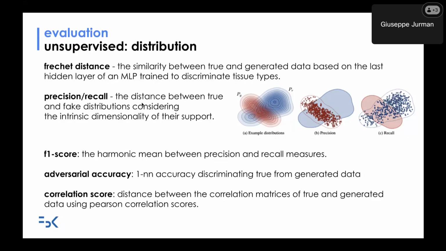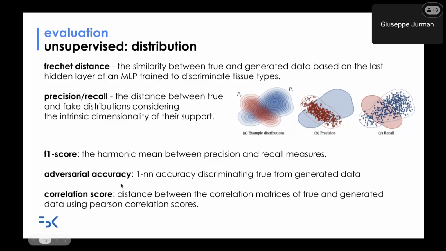essentially evaluating the distance between the true and the synthetic distribution, considering the dimensionality, the intrinsic dimensionality, or also the F1 score, harmonic mean usually, or the adversarial accuracy. This is a very interesting application: one nearest neighbor accuracy, discriminating the true from generated data. And finally, the correlation score.